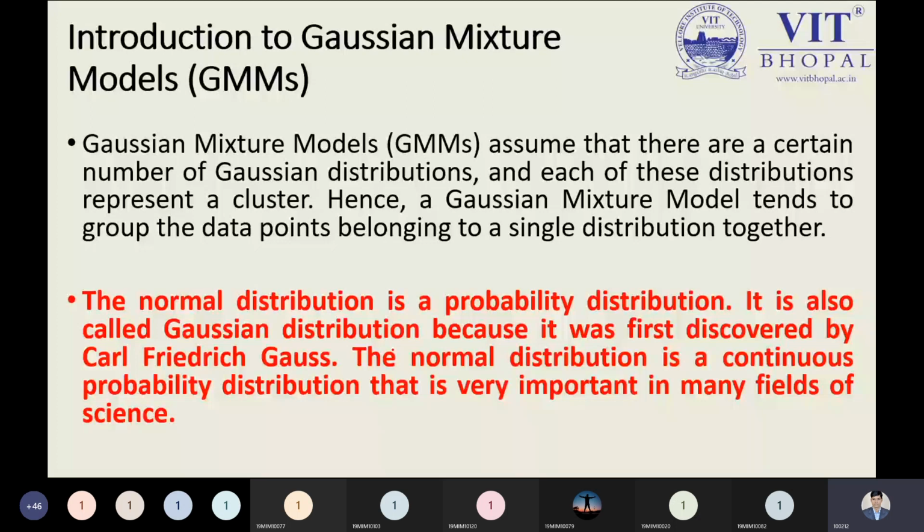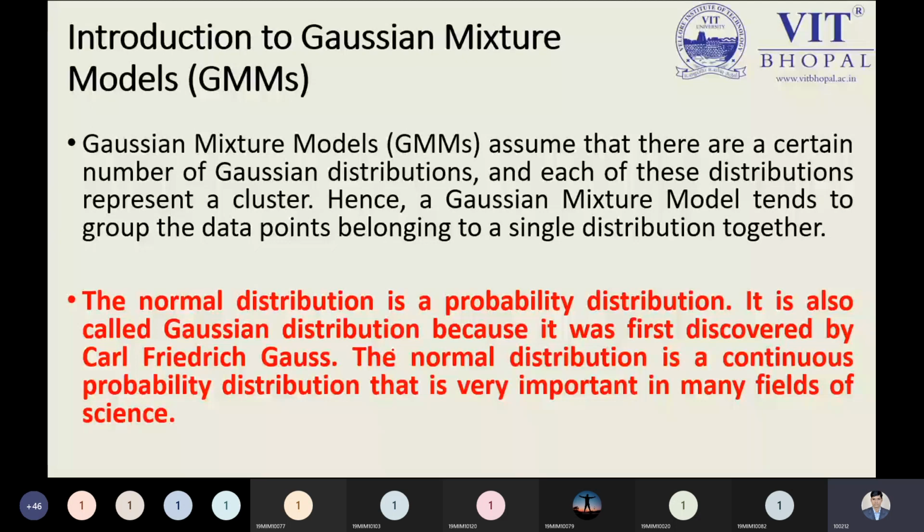Now the question we should have in mind is, what is normal distribution? The normal distribution is a probability distribution mechanism, and it is also known as the Gaussian distribution because it was first discovered by Carl Friedrich Gauss.